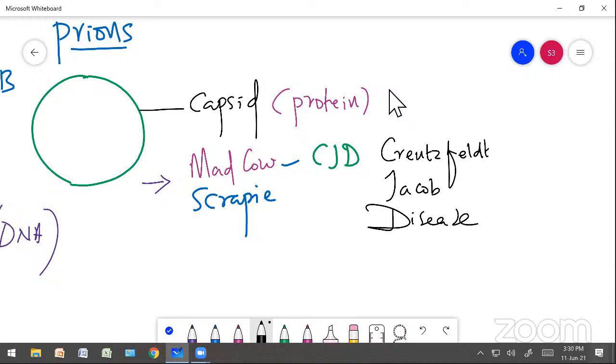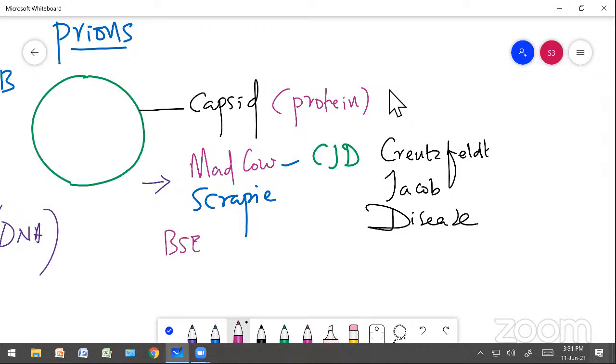Right? It is also known as mad cow disease, or CJD, Creutzfeldt-Jakob disease. And one more disease, scrapie disease. The scrapie disease is also known as BSE. BSE.